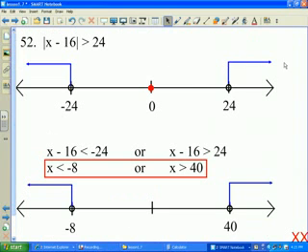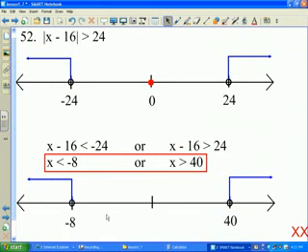Algebraically, that means that x minus 16 is greater than 24, or x minus 16 is less than negative 24. Solve each of those individually, connect with the conjunction or. I have the solution set algebraically as x is less than negative 8, or x is greater than 40. Geometrically or graphically can be represented like this on the number line.